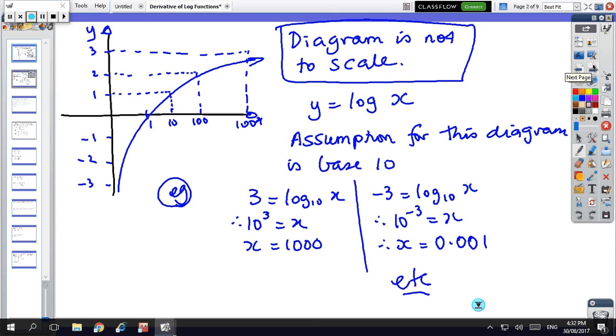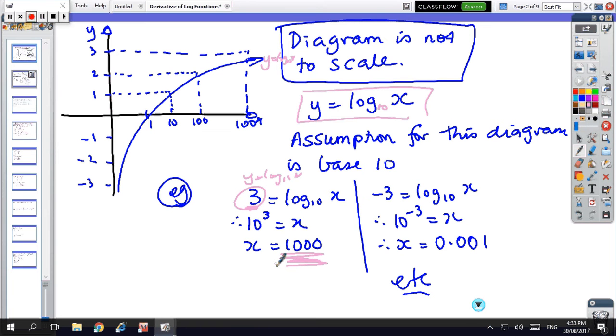Okay, so just to make sure what we're looking at, for instance, if we're plotting y equals, say, log 10 x, the reason it looks like this is, if we're plotting y equals 3, so this is the y value, when you do the substitution, the x value is 1,000.